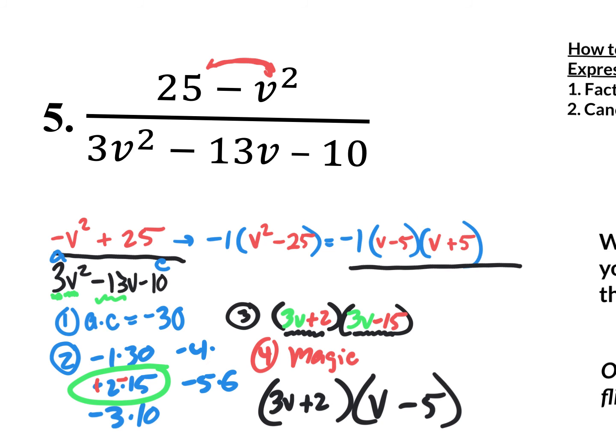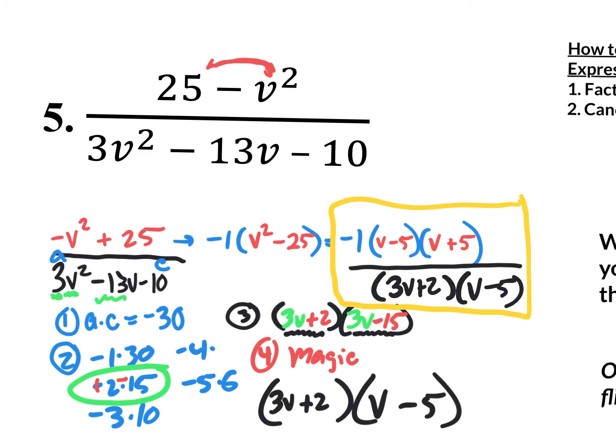So here we go. Parenthesis 3v plus 2, parenthesis v minus 5. And when we focus in on this, what could we cancel? V minus 5 and the v minus 5. And that's it.